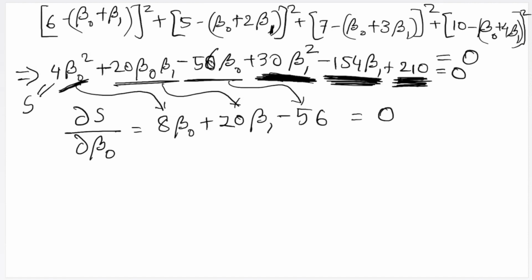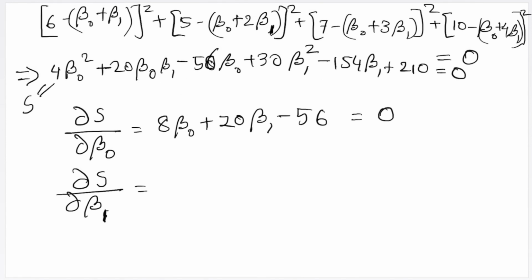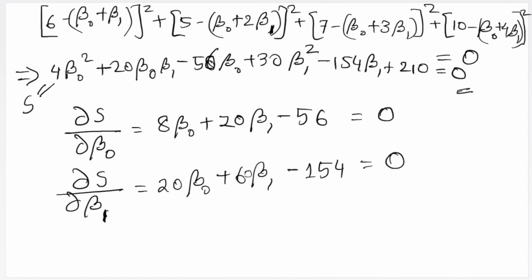Similar to this, if we take partial derivative of S with respect to beta 1, we obtain the following: 20 beta naught plus 60 beta 1 minus 154. If we take the partial derivative of the right side, we will have 0.